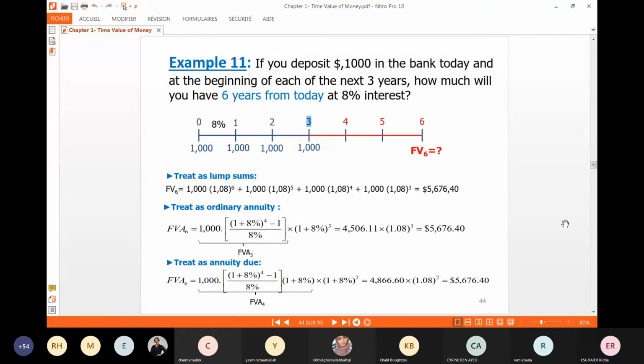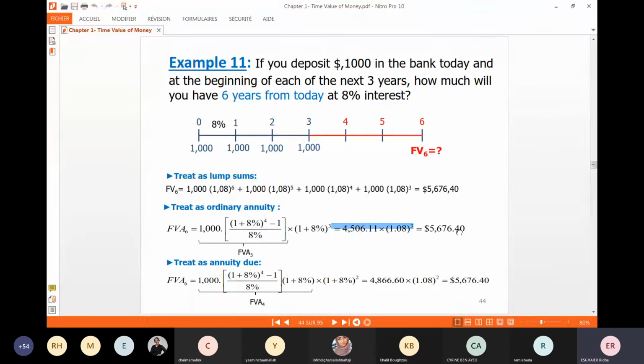But here, I'm not asked to compute the future value at the date 3. We are asked to compute the future value at date 6. So what will we do here? We need to compound this lump sum for an additional 1, 2, 3 years. From 3 to 6, we have 3 years of additional compounding.